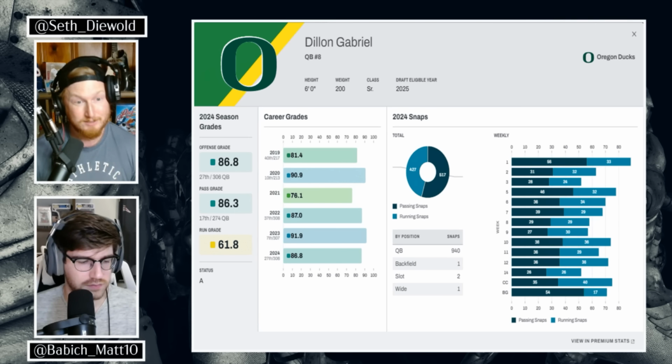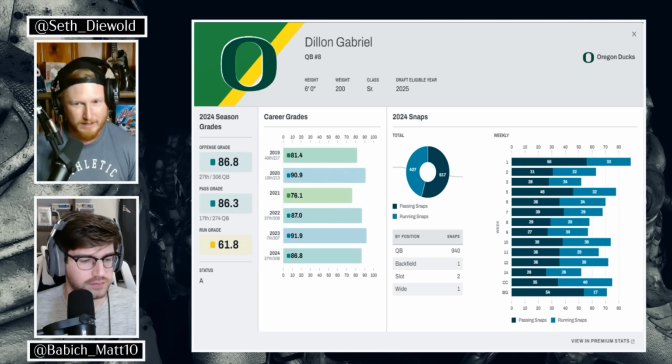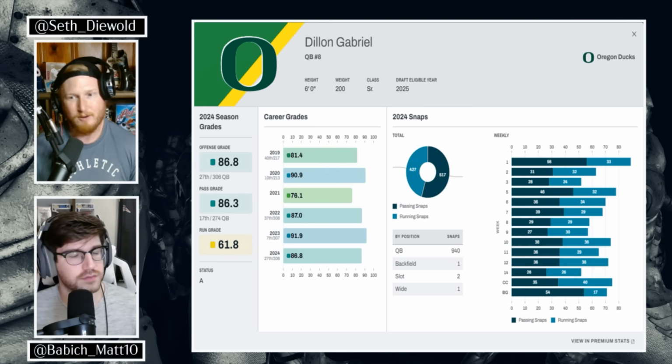Go look at the stats for a longer stretch of time. Dillon Gabriel played for big-time programs like Oregon, Oklahoma, and UCF, and basically since 2019, he was putting up 3,000 passing yards and 25 or 30 touchdowns with few interceptions. And oh, by the way, he can run a little bit too.